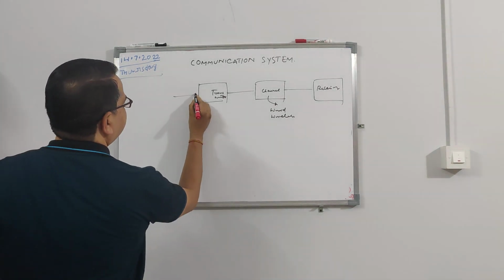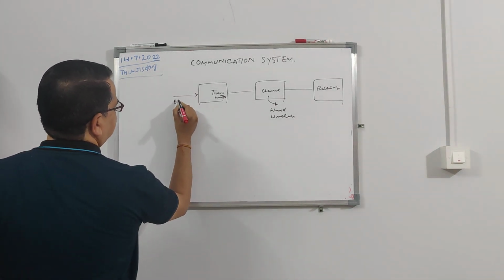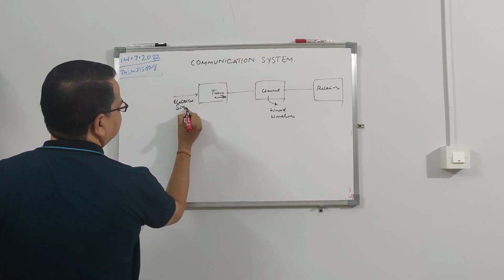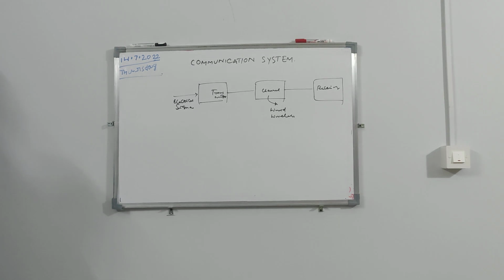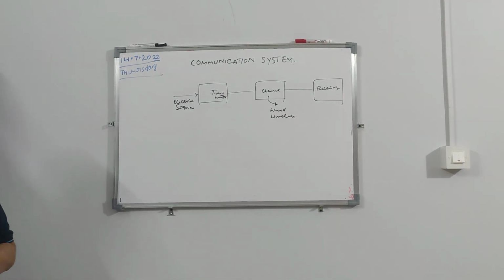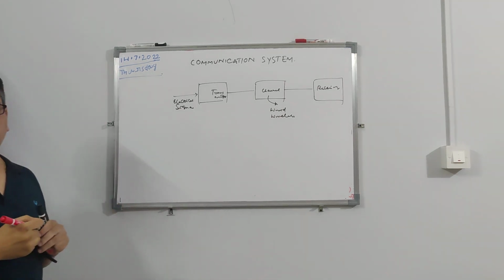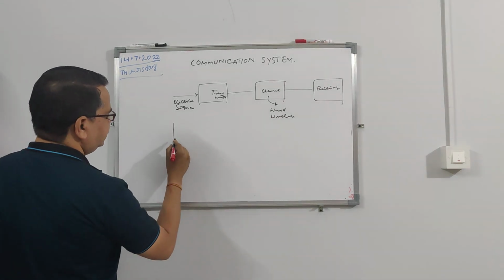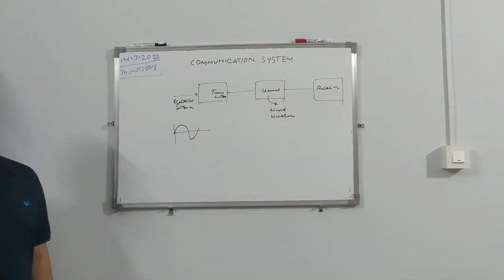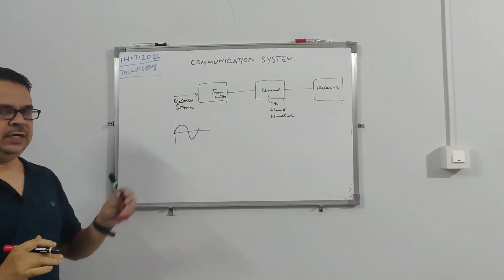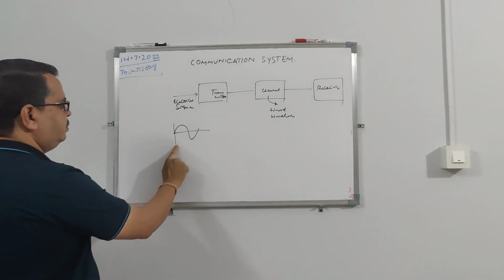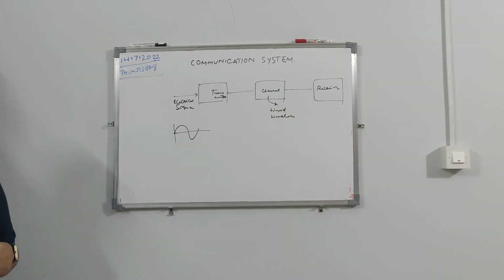So what does the transmitter do? Before transmission, it has already been converted into an electrical signal. In the transmitter there is something called modulation. This electrical signal is continuous, but its frequency is very low.